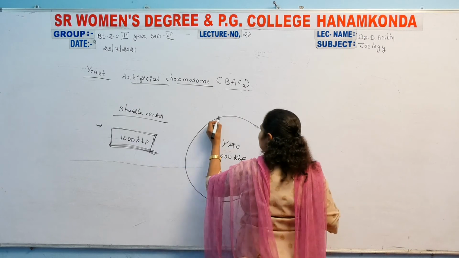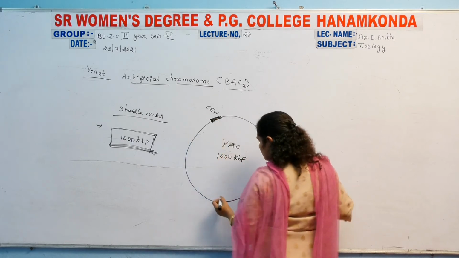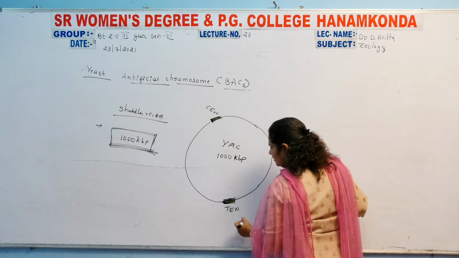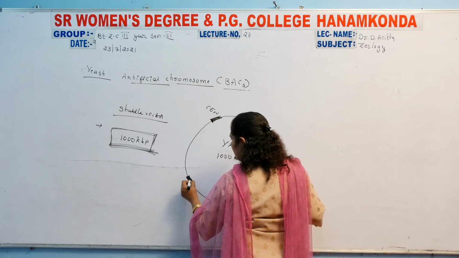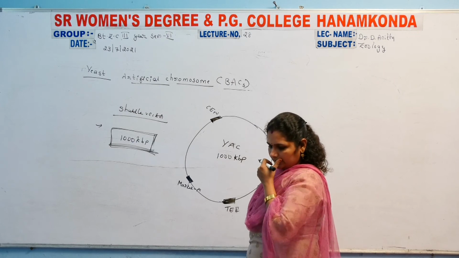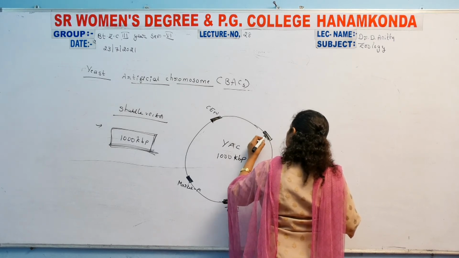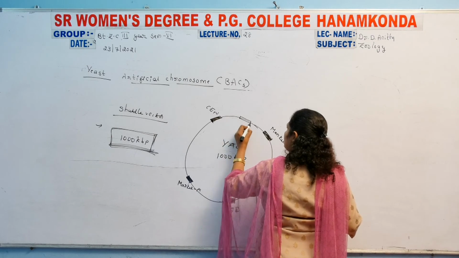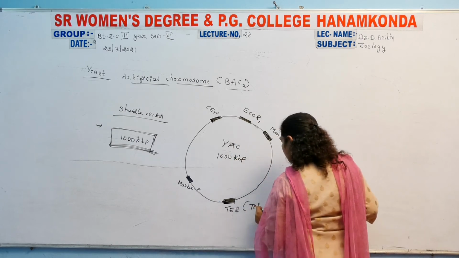It contains the CEN region and also possesses the TEL region, the telomere sequence. It also contains marker A and marker B, and a sequence of Escherichia coli.